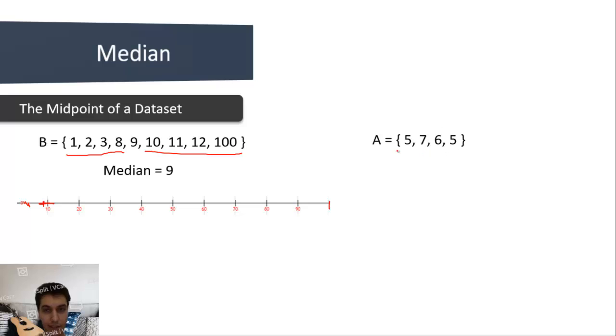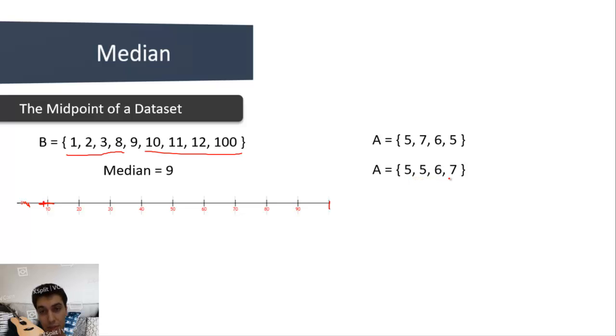Now let us see another example. We have 4 numbers here, and we want to calculate the median. So, for calculating the median in a set which is not sorted, you should first sort the dataset. Then we have another problem here. We have 4 numbers, and it's not odd.